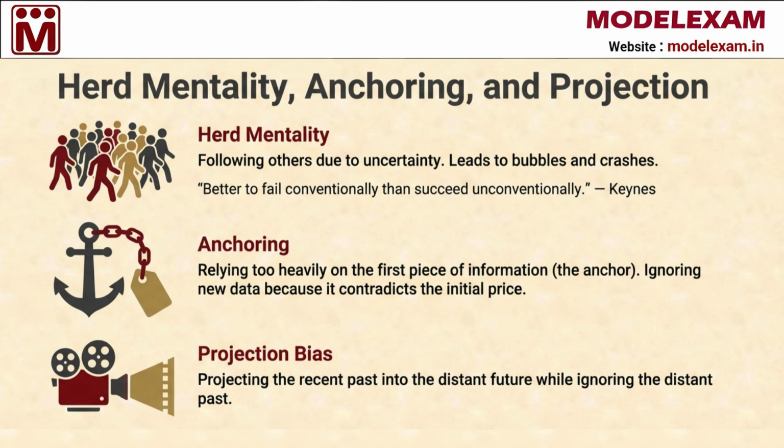Then we have anchoring. This is relying too heavily on the first piece of information, usually the price you paid, and ignoring new data. Lastly, there is projection bias. This is when we project the recent past into the distant future, assuming that what is happening now will continue forever while ignoring long-term history.